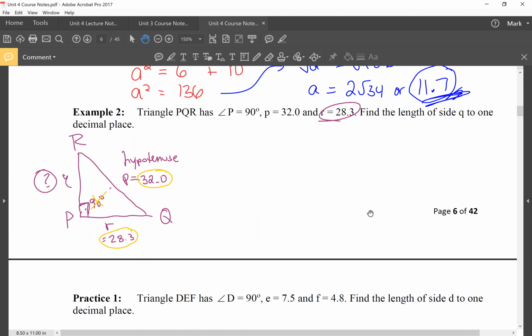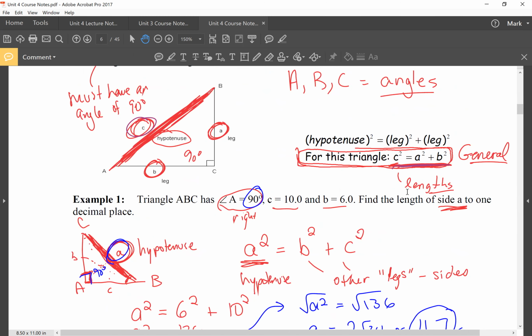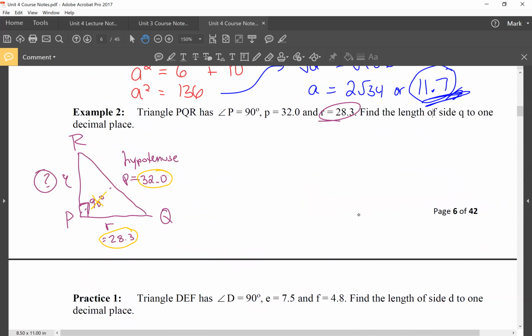Anyways, okay, so this question. Again, this formula up here is a general formula. Actually, you know what I could have put the square around is the top one. It's the hypotenuse squared equals each leg squared. So my hypotenuse is 32. Let me go back to purple here.